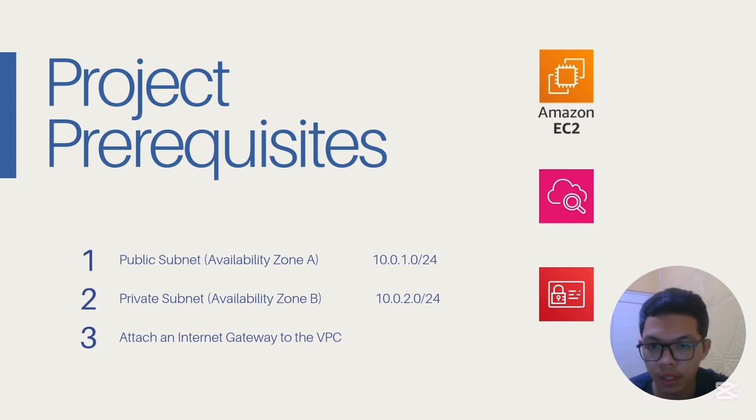For the VPC, I will give 10.0.0.0/16. In case you might forget, I will keep it right here. And we also need to create an Internet Gateway for the VPC and NAT Gateway for the private subnet. That's all. These are the project prerequisites, and I hope you can do it. Let's do it right now.